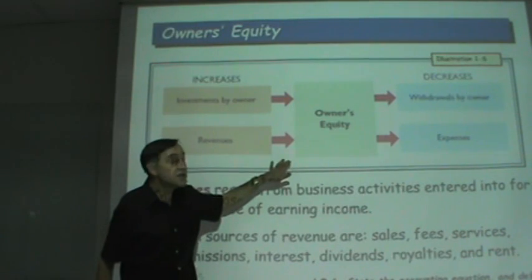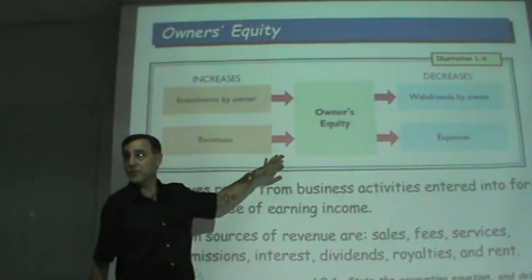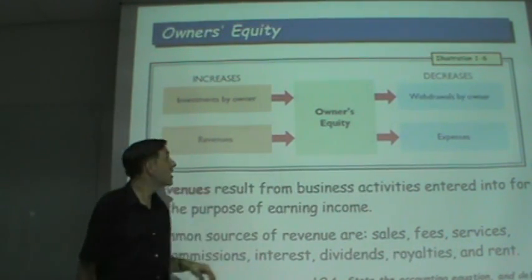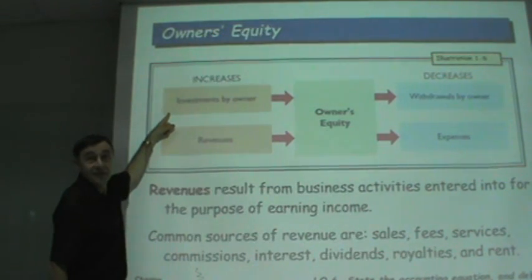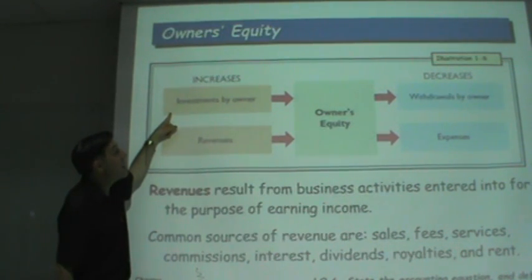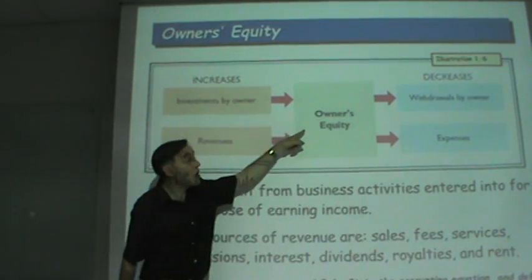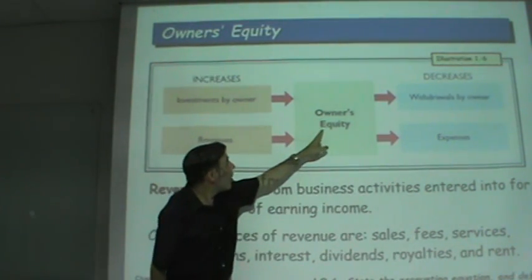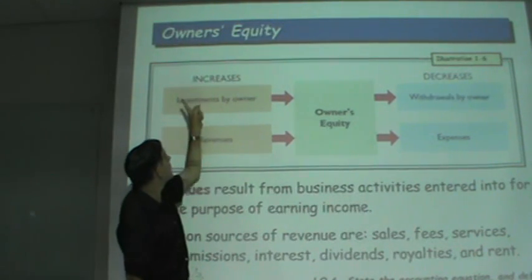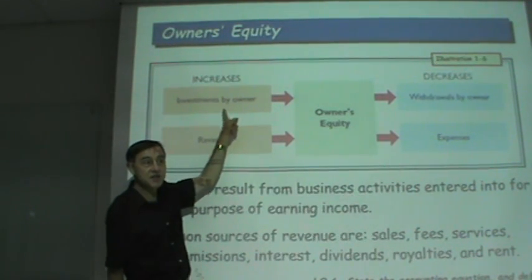Okay, let's see what else we have. Aha! This is a chart that you have to be careful to understand. When an owner makes an investment, it increases owner's equity. So, owner's equity goes up when the owner makes an investment.